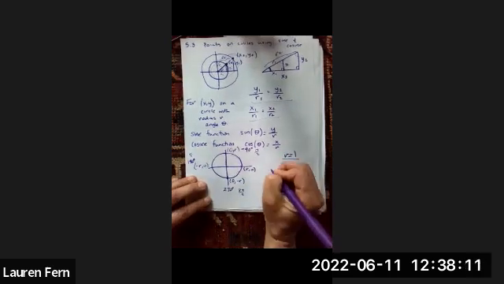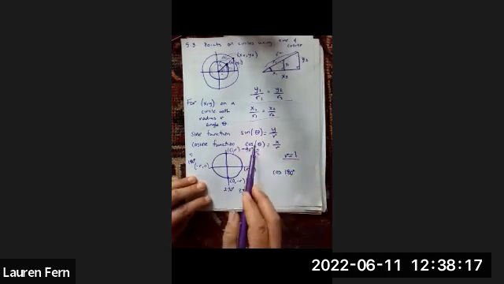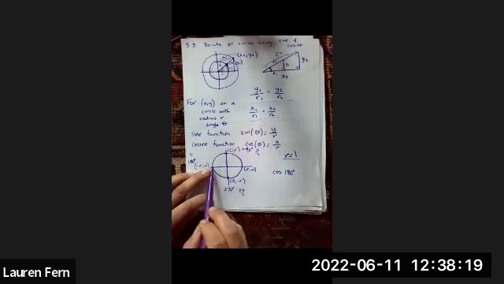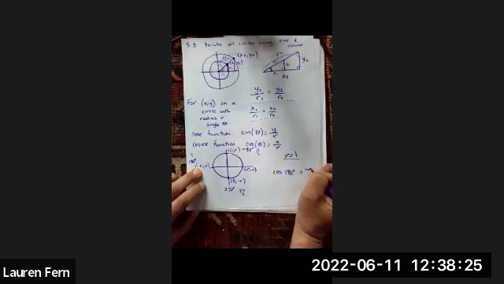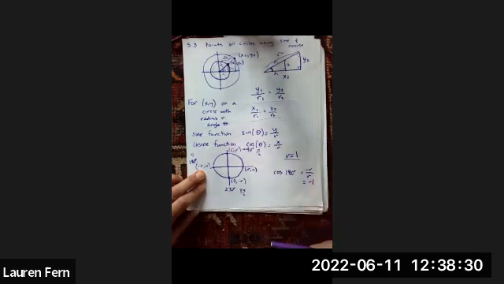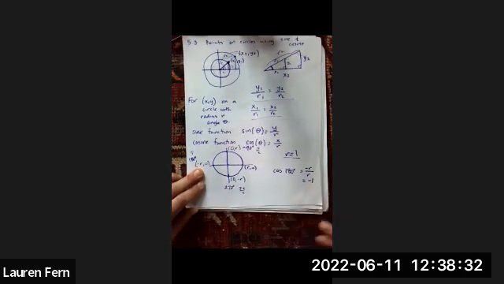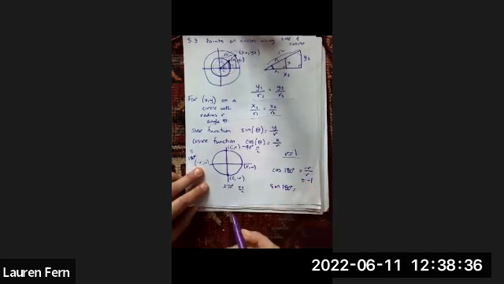So what if I wanted to know the cosine of 180 degrees? Well, it's my x value, which is negative r over the radius, so we get negative 1. What if I wanted to find the sine of 180 degrees?